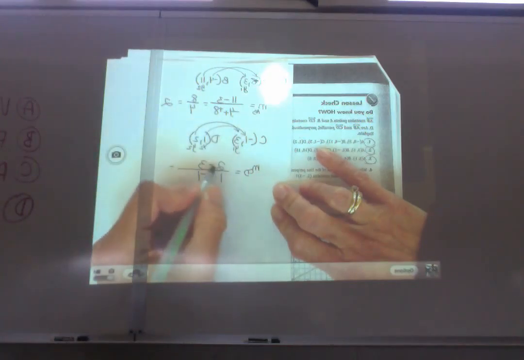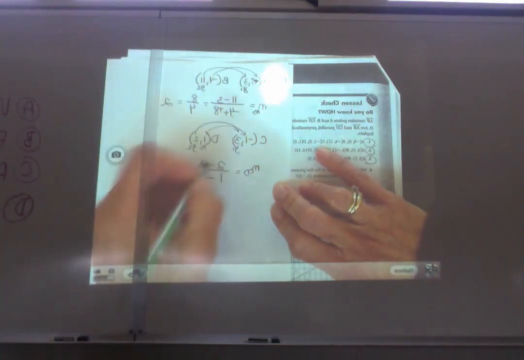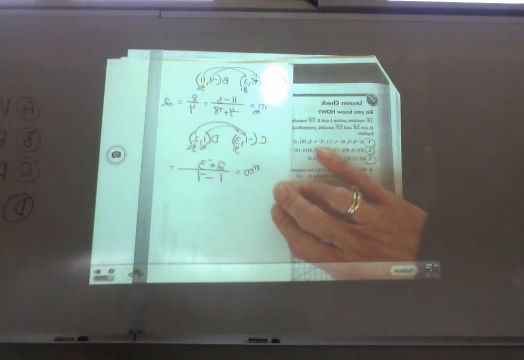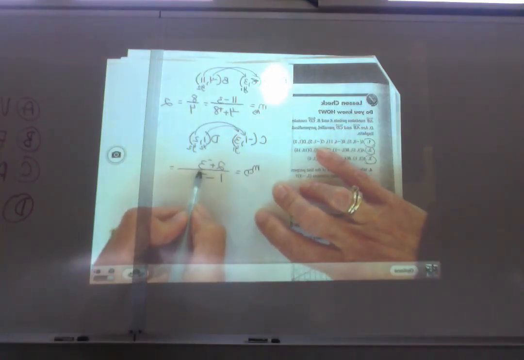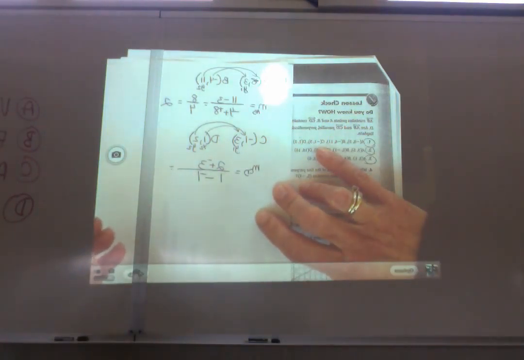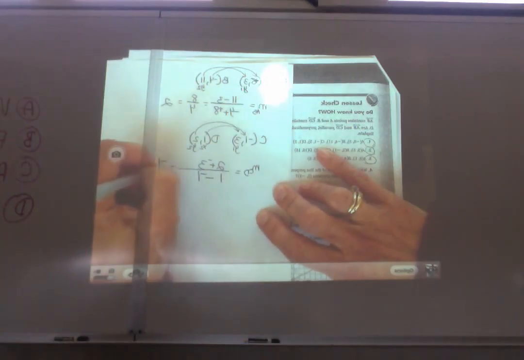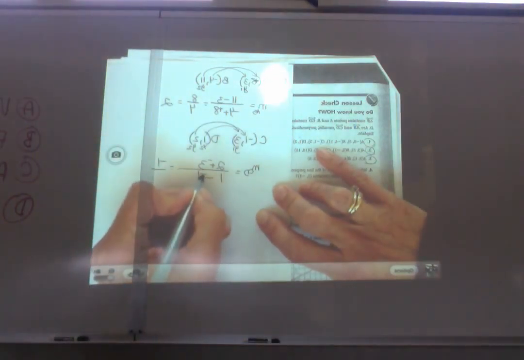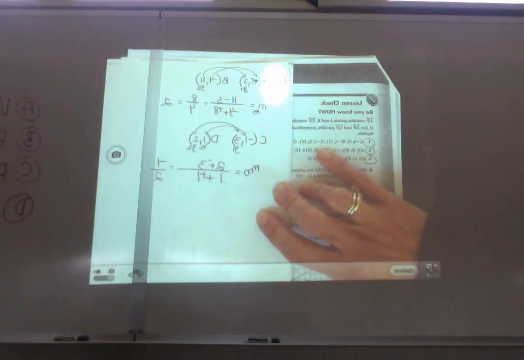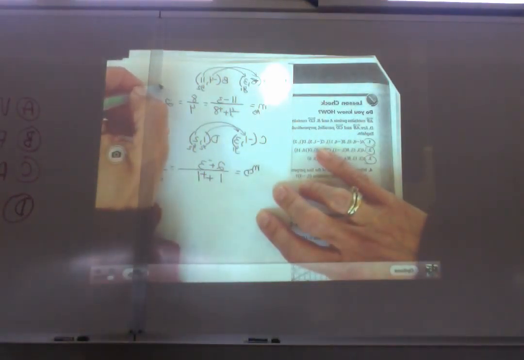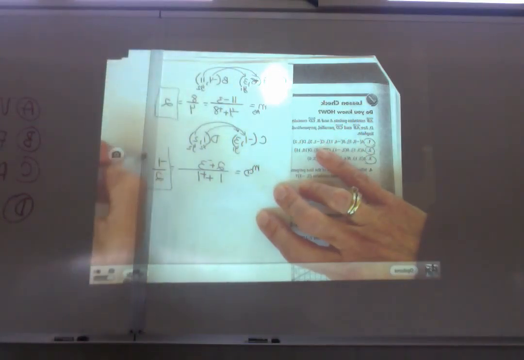Now, 2 minus 3 is like 2 plus negative 3. What's going to happen when I add a positive 2 and a negative 3? Negative 1 over, keep, change, change. Keep, change, change. 2. Now, all that work, and then the last piece you need to do is compare these two numbers.